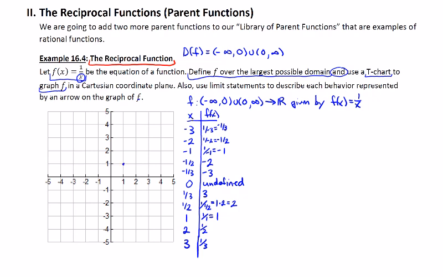And there's several to plot. And we'll notice that all of the positive x's are going to end up plotting in the first quadrant. And then all of the negative x's, when we plot them, those are all going to be in the third quadrant.